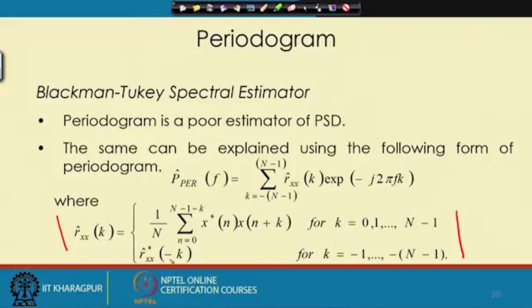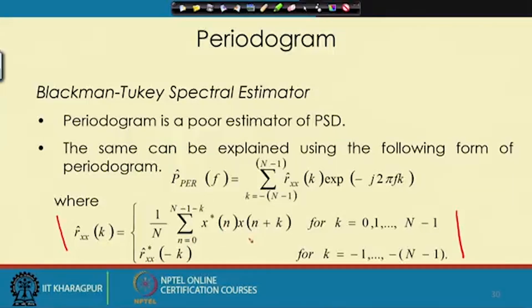For the negative lags, we have simply taken that they are related by a conjugate transpose. So, from the positive lags we can get the negative lags. For real data, conjugation does not make any change, so it would be just a reflection of the same set of coefficients.